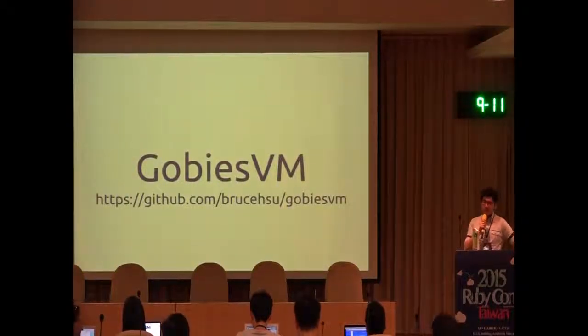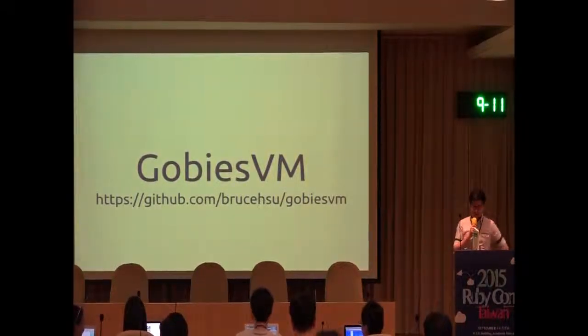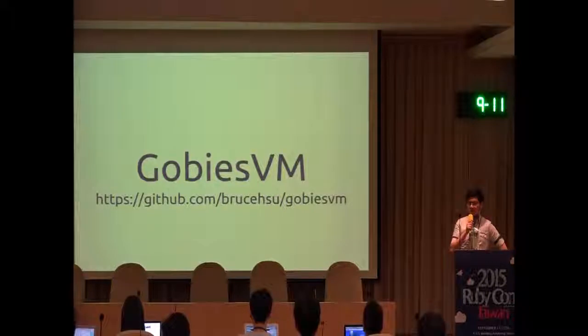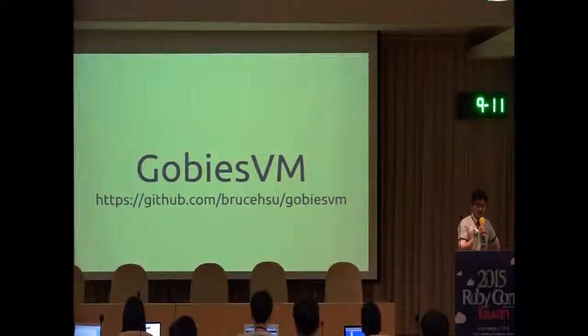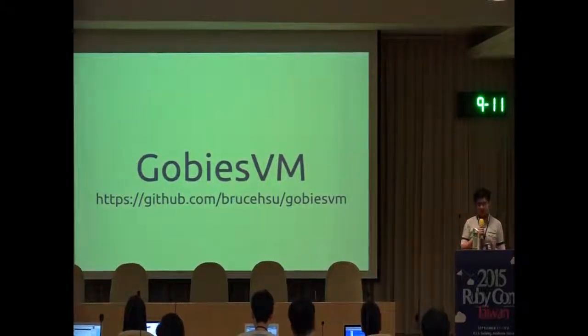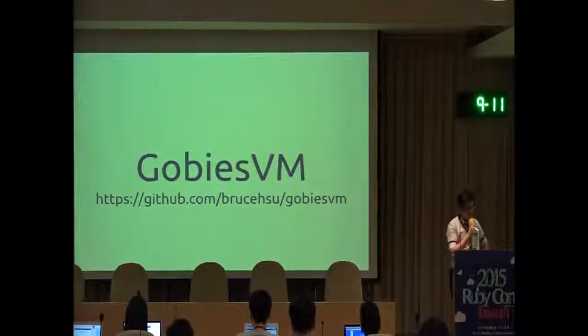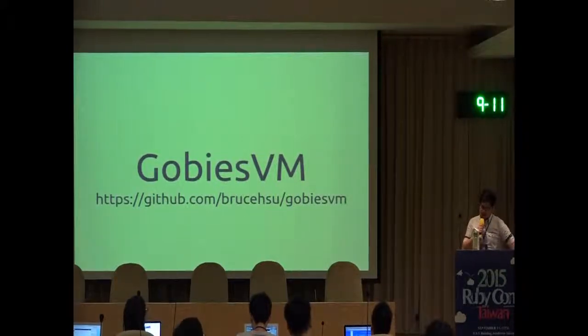For those of you who don't really know about Gobies VM prior to this talk, it is a Ruby implementation. It's written in Go, and it focuses on exploiting parallelism in multi-core environments. The way it does it is by using a technology called software transactional memory, which treats operations in programming languages as database transactions.